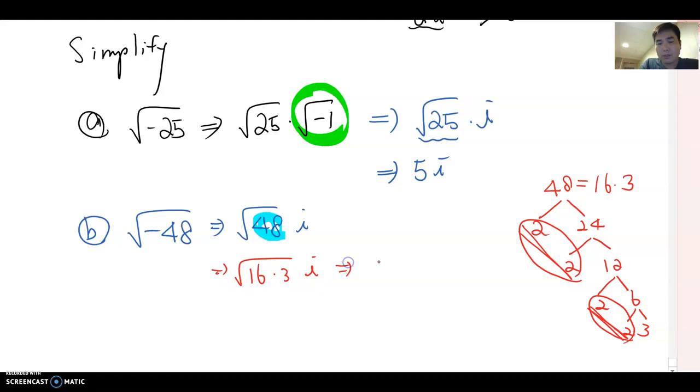So this becomes 4 root 3 times i here. As we just talked about, i is located in front of the radical value but behind the rational value. So i is located between 4 and root 3. So this value becomes 4i root 3.